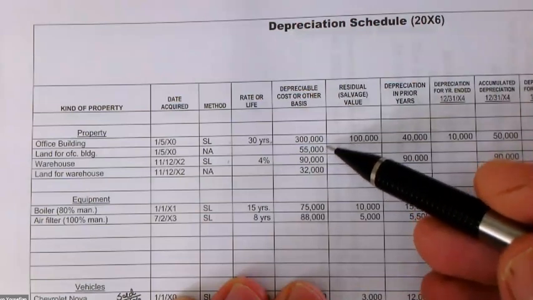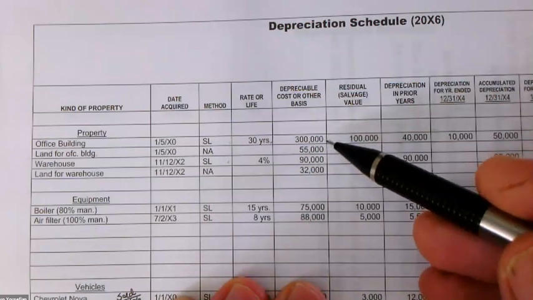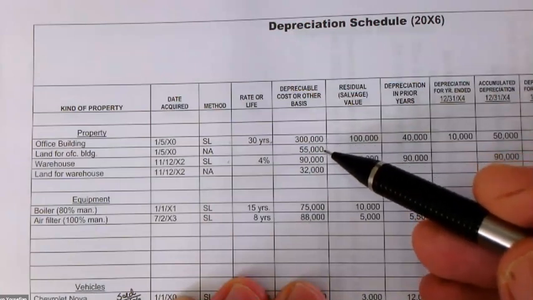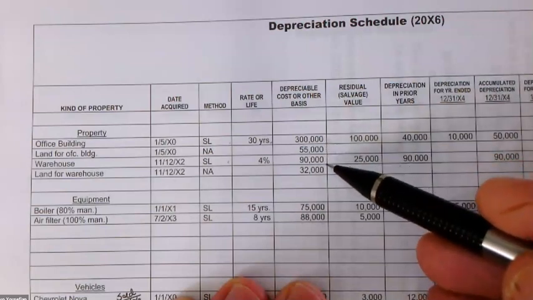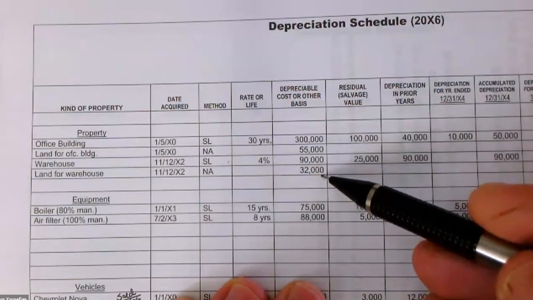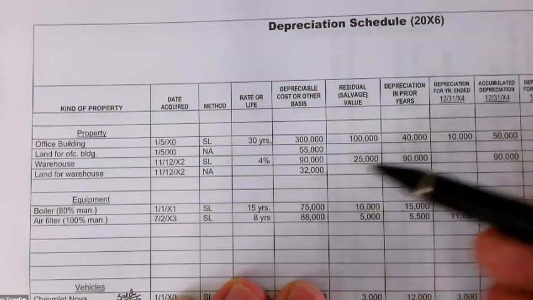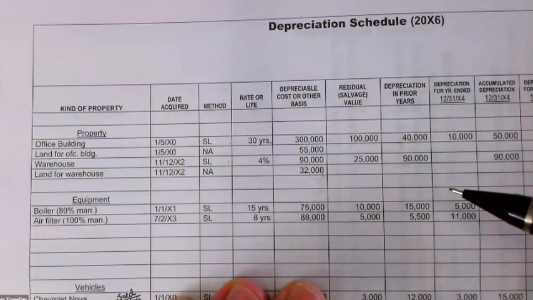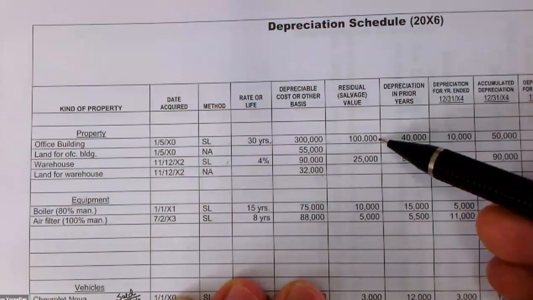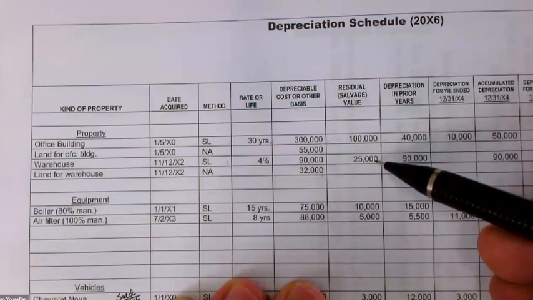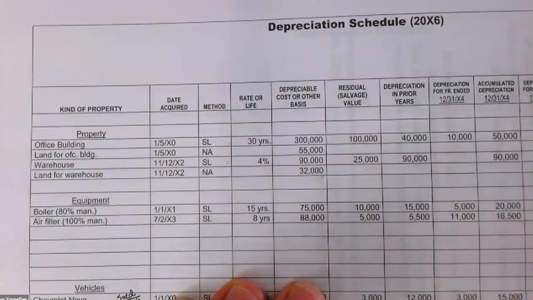It will separate the building cost and land cost in the tax document. You can use that as a reference. The warehouse is $90,000, and the land has been appraised for $32,000. Residual value for the building is, let's say, $100,000, and for the warehouse is $25,000.